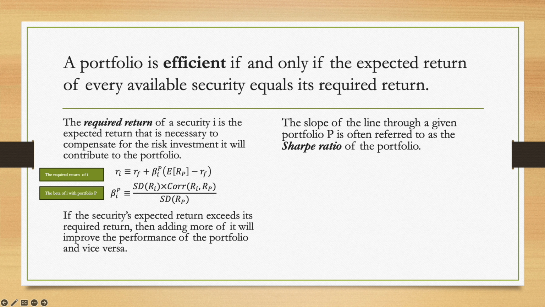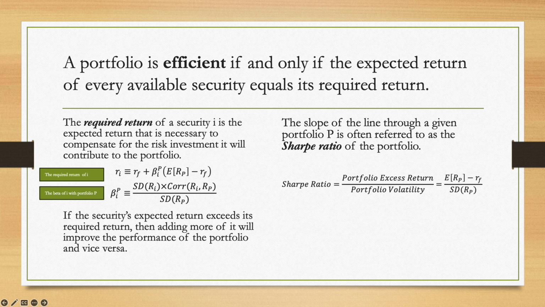Before we do that, let's take a look at a widely used metric for measuring the risk-adjusted return of a portfolio, the Sharpe ratio. The slope of the line through a given portfolio P is often referred to as the Sharpe ratio of the portfolio.